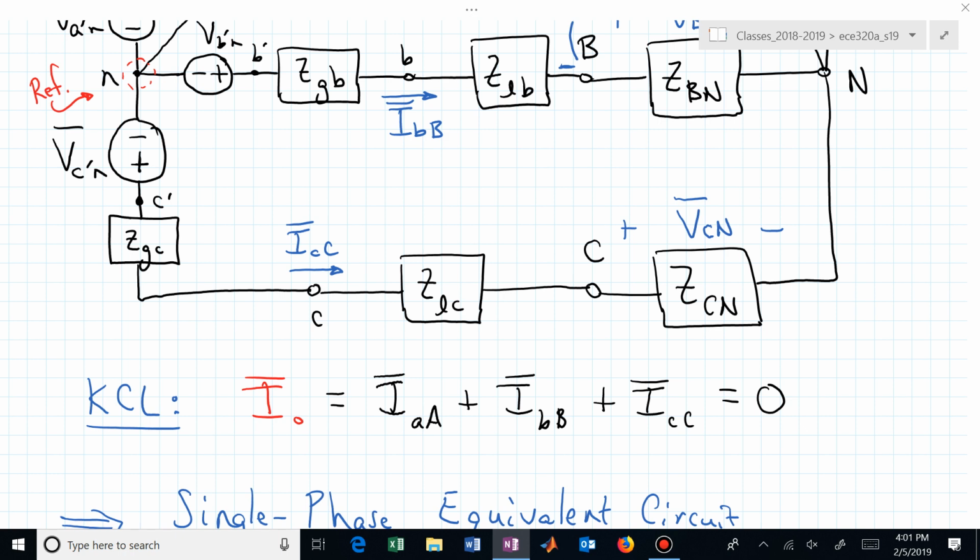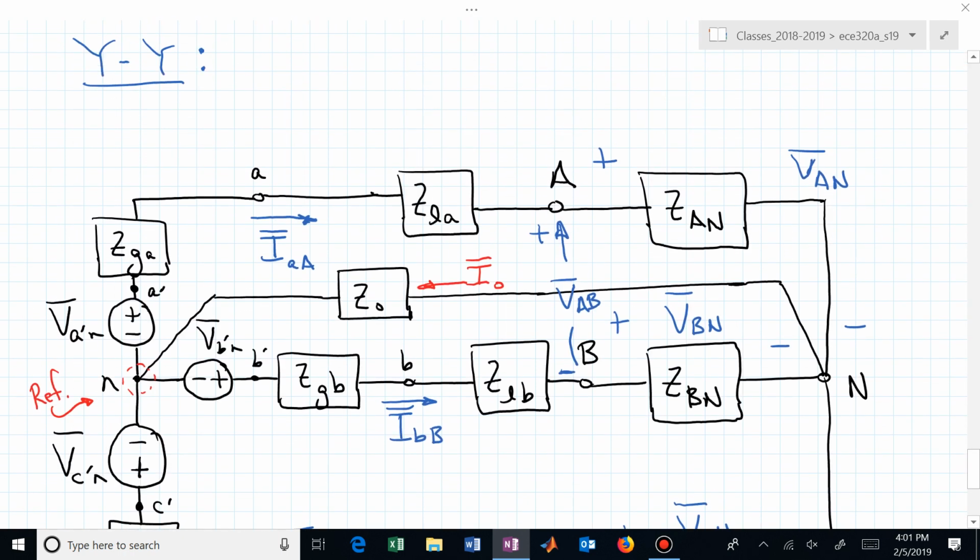Now what does that tell us? If the current in that neutral conductor is 0, what does that allow us to do? We could either remove it or we could replace it with a short circuit. There's no voltage drop, so the voltage here at little n is the same as capital N. So we could just connect that with a short-circuited wire.